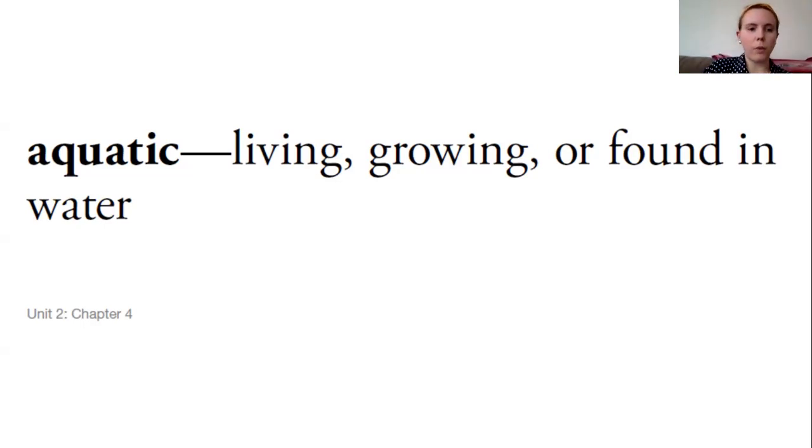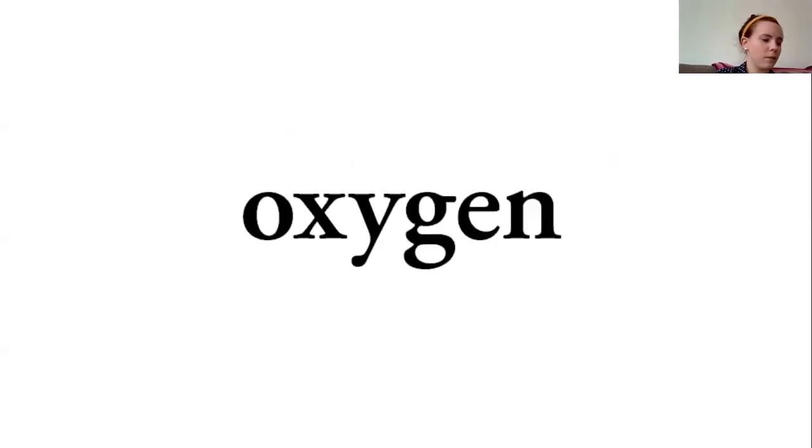Moving on to the next word, oxygen. O-X-Y-G-E-N. So we've got an O as a vowel, oxygen. That Y is actually acting like a vowel sound. Oxygen. So there's 3 syllables.